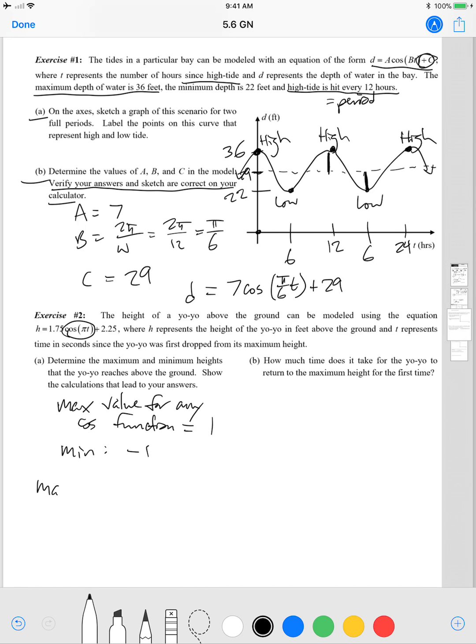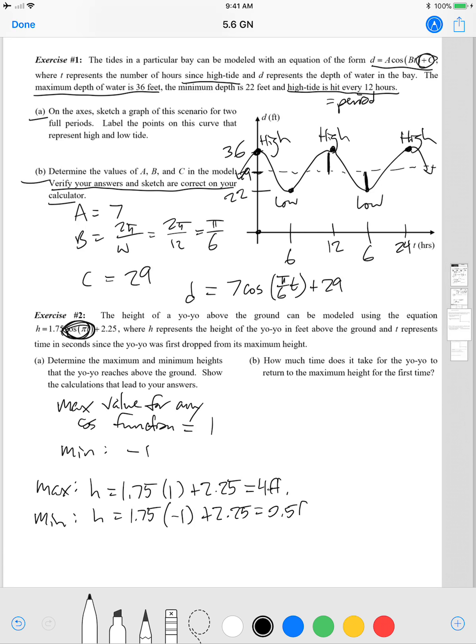So to find the maximum height, h equals 1.75 times, take that whole function, the most it will ever give me is 1, plus 2.25, that's 4 feet. The minimum, the least that function will ever give me is -1. So the minimum height above the ground is 1/2, half a foot. Okay, sine and cosine always works that way, max and min.